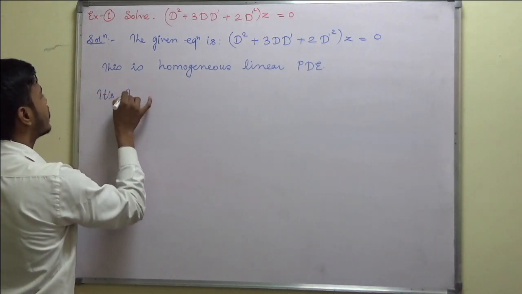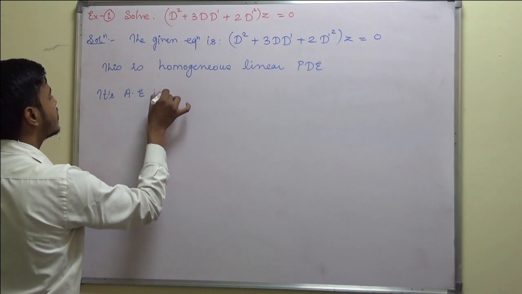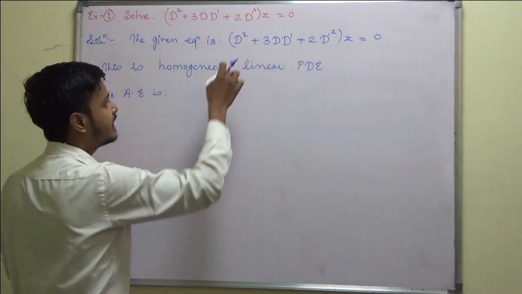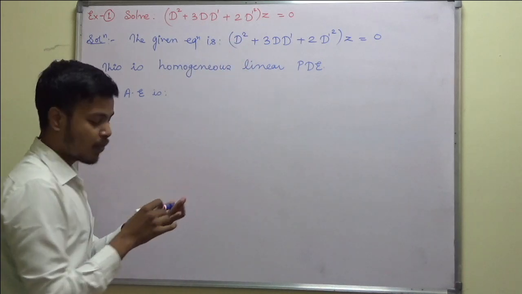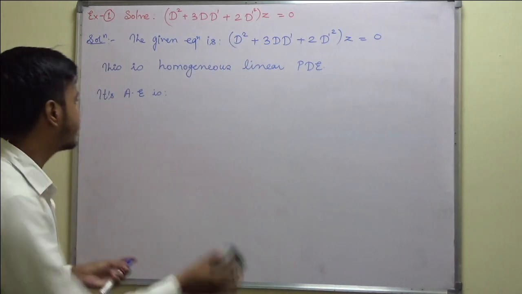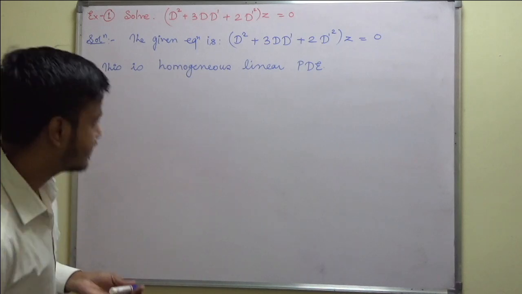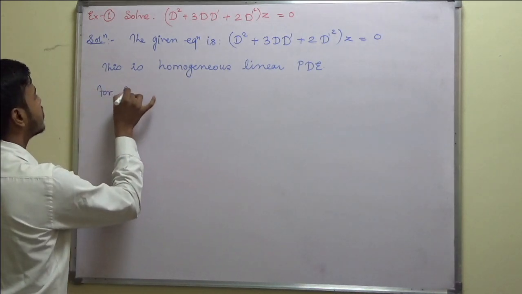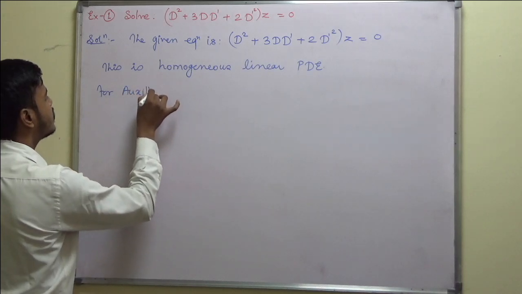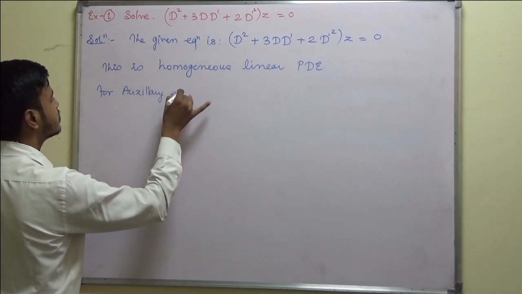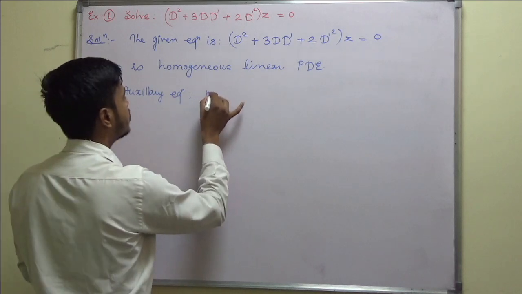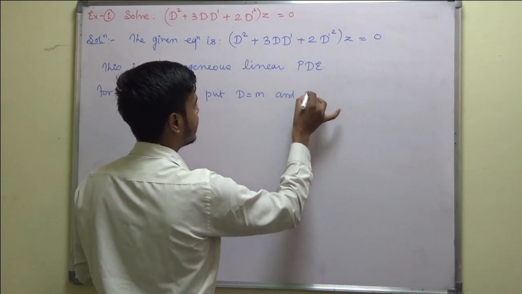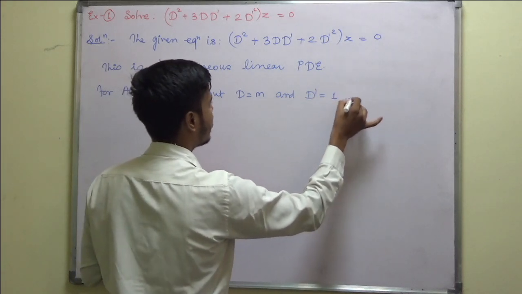So what is its auxiliary equation? Put d is equal to m and d dash is equal to 1. So just because this is the very first problem, let me write, for auxiliary equation, put d is equal to m and d dash is equal to 1.